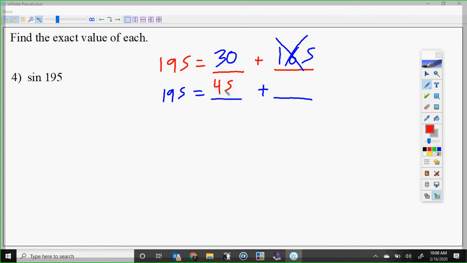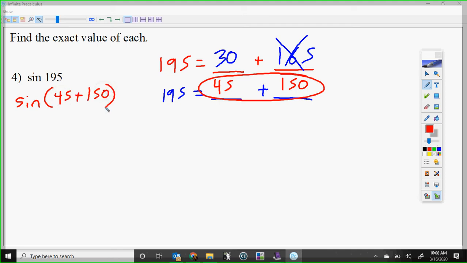Well, 195 minus 45 is 150. Is 150 on my unit circle? Yes, 150 is on my unit circle, so I can use those two. There are other combinations I could have used. I just needed to find one that worked. So what we're saying is that sine of 195 is the same thing as sine of 45 plus 150. Okay?